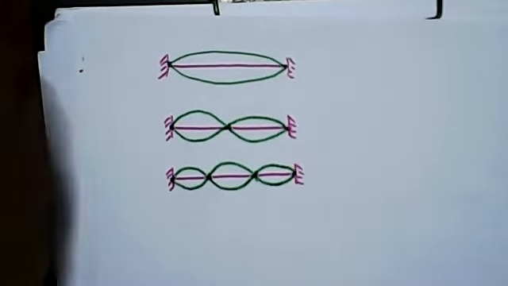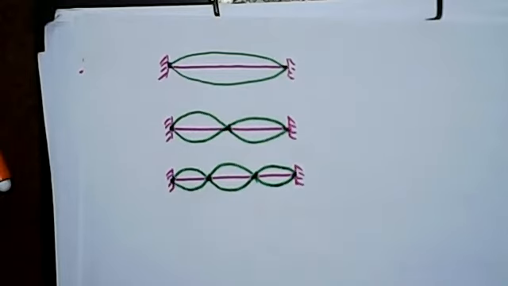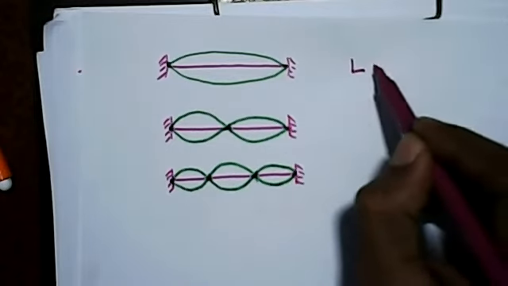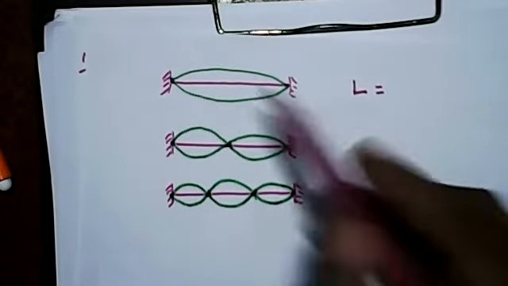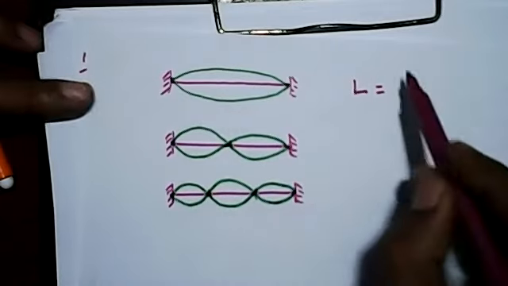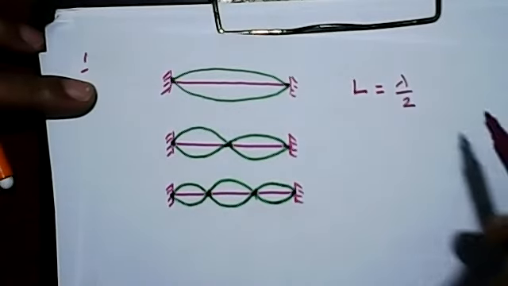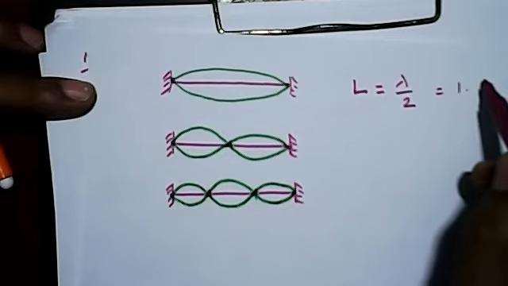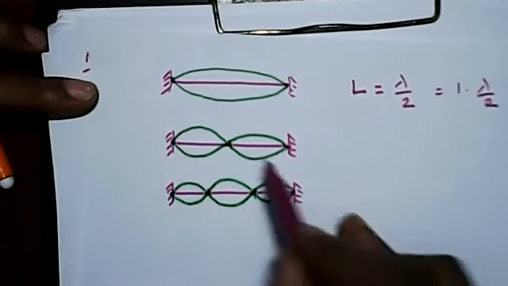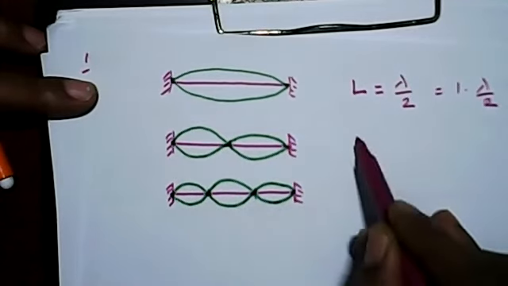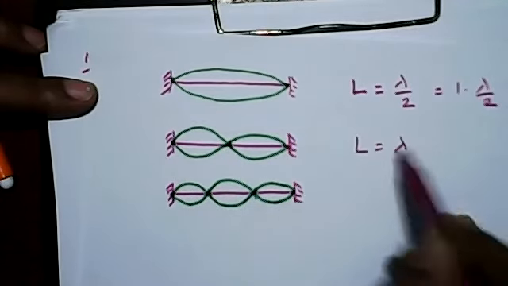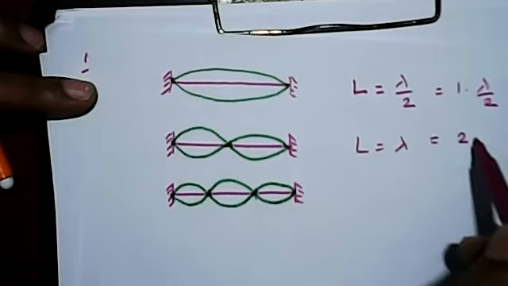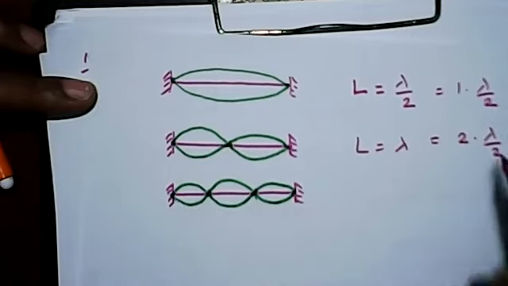So what is the meaning of this one? What is the mathematical condition? Suppose L is the total length of the string. So here it is L equal to lambda by 2, or you can write it as integral multiple 1 into lambda by 2. And in the second case, L equal to lambda, okay, so this can be written as 2 into lambda by 2.